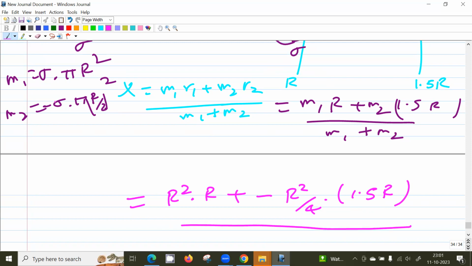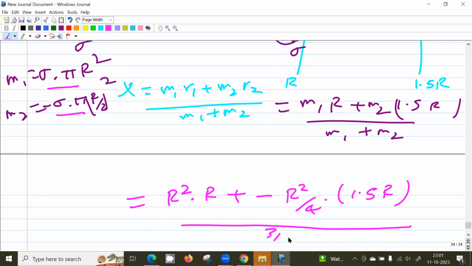So I have cancelled the sigma into pi factor everywhere. So at the bottom also the sigma pi factor will go, it will become R square plus 1 by 4, but it's minus sign here. So it will be 3 by 4 R square.